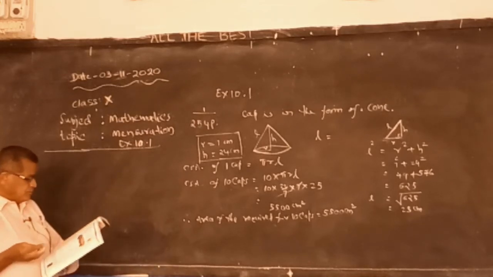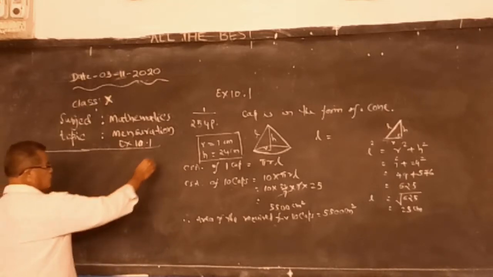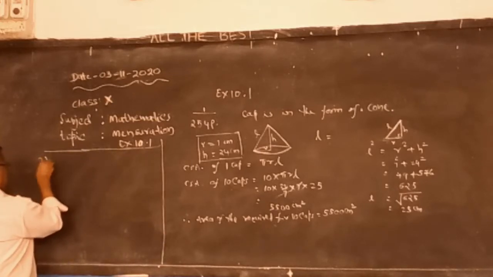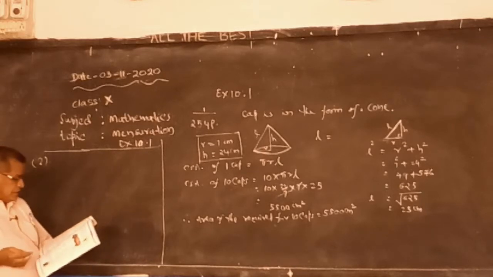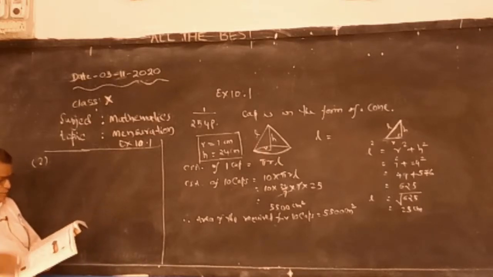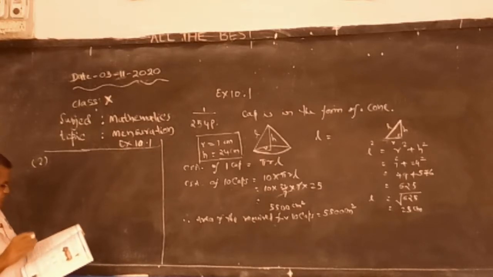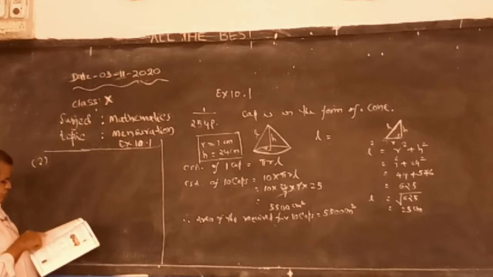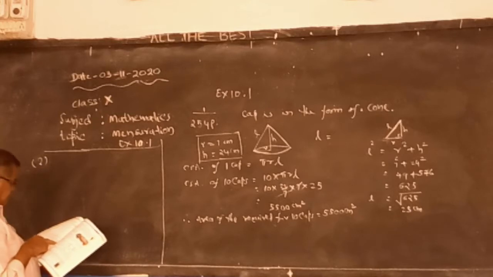And the second problem. A sports company was ordered to prepare 100 paper cylinders for packing shuttlecocks. The required dimensions of the cylinder are 35 centimeters length and radius 7.